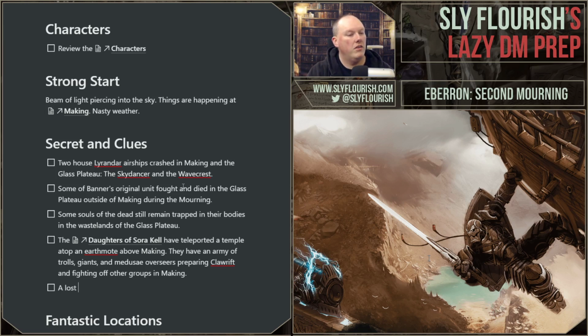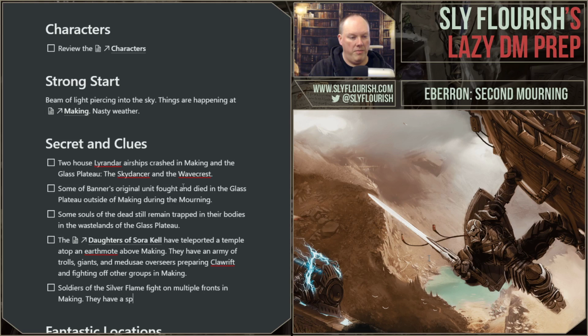A lost soldiers of the Silver Flame fight on multiple fronts in Making. Their headquarters is a spire on the eastern side of the city that was once an airship dock.